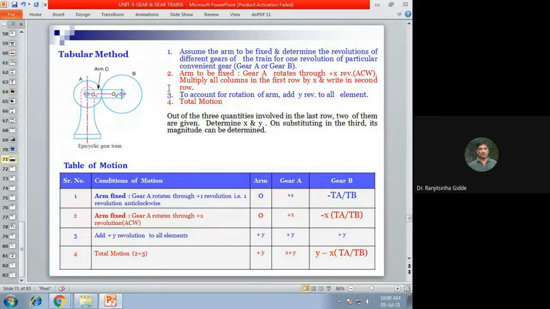Let us see what the first step is. Assume the arm to be fixed. Determine revolution of different gears of the gear train for one revolution of a particular convenient gear, gear A or gear B.